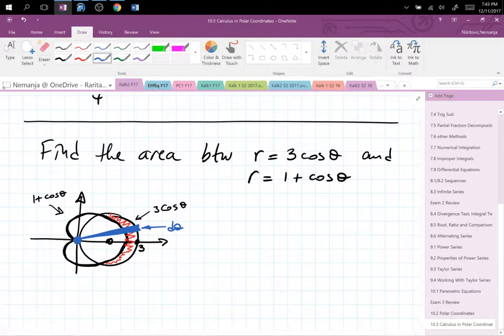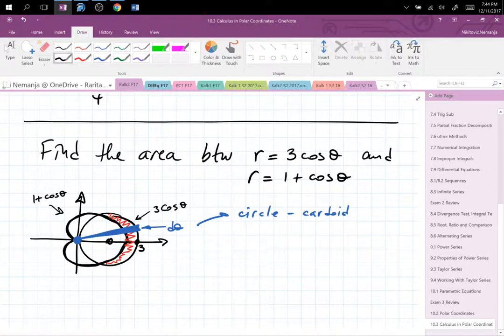D theta immediately tells me that it's a circle minus cardioid, because d theta cuts through the cardioid to get to the end destination that is the circle. So the circle is further away than the cardioid. And the formula is set up as the one that is further away minus the one that is close by.